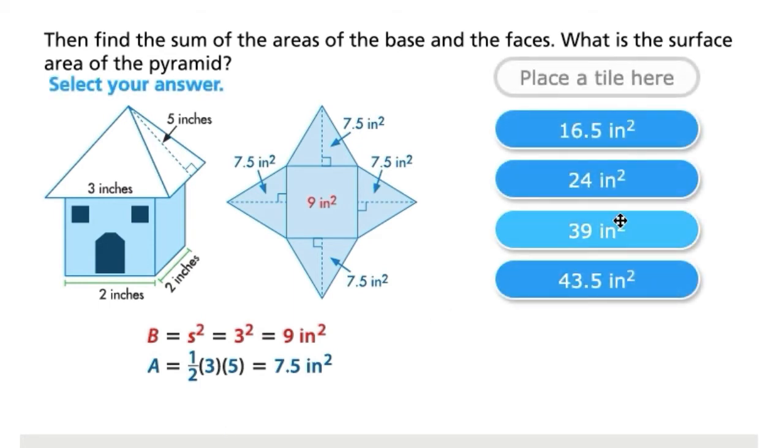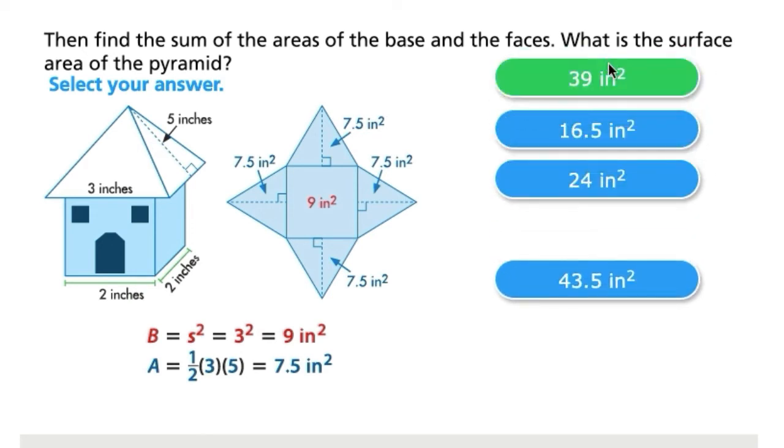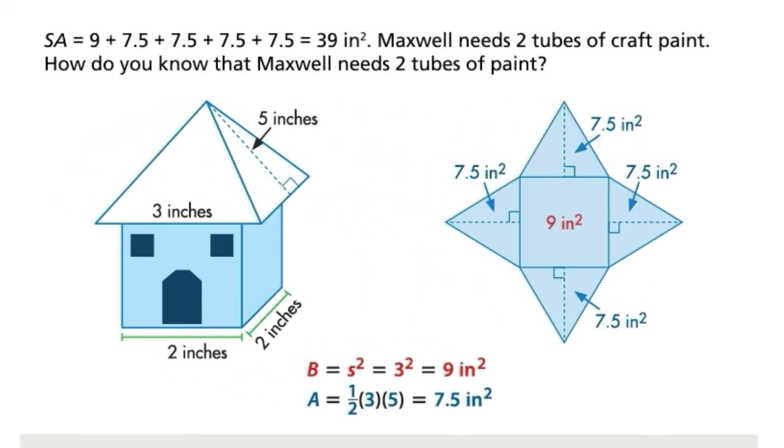Select your answer. SA equals 9 plus 7 5/10 plus 7 5/10 plus 7 5/10 plus 7 5/10 equals 39 inches squared. Maxwell needs 2 tubes of craft paint.